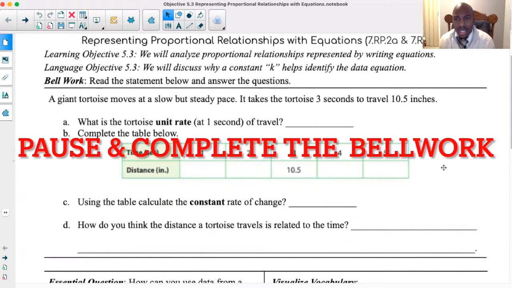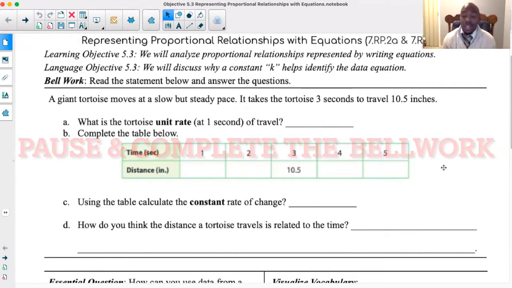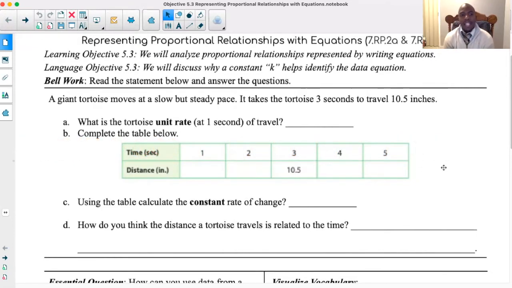There's missing numbers, and I know we did that in the last lesson, filling in the missing numbers on the table. And then see if you can tell me what the constant rate of change is, or the constant of proportionality. And then if you could tell me how do you think the distance a tortoise travels is related to time. So what is the relationship between time and the actual distance it travels? Okay, take a moment, see if you can answer that, pause the video.